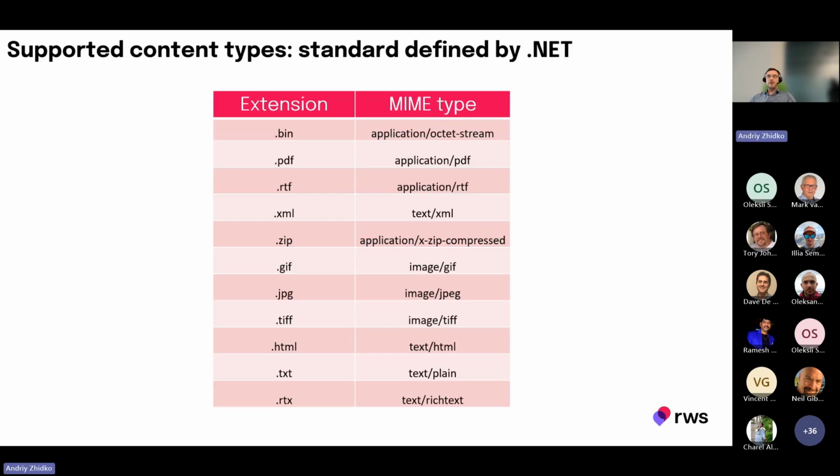This is a list of content types that are supported. The list consists of standard content types defined by .NET, and the full list of supported content types defined by .NET is huge, around 400 entries. On this slide, you see the main ones. In the future, Microsoft may even extend the list.